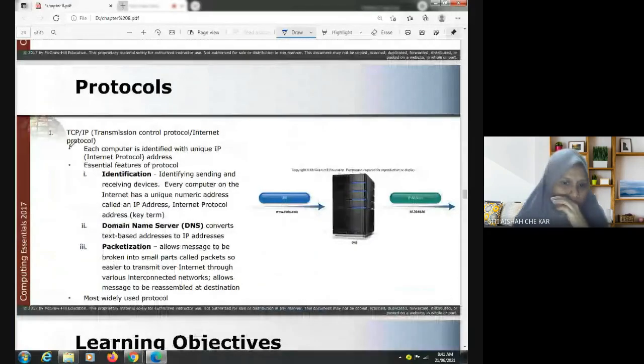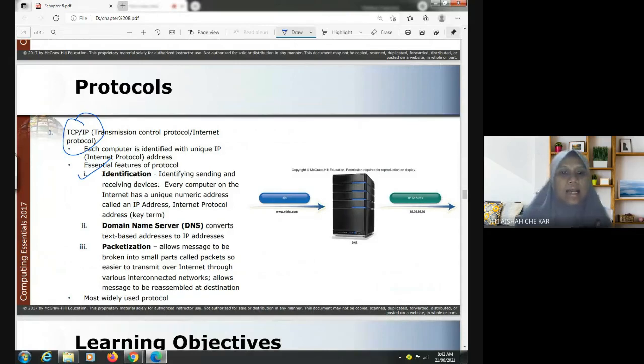So these are the protocols used for TCP, the widely used protocol. Dia mesti ada IP. IP is for identification. Maknanya each computer or device connected to a network has its own address.